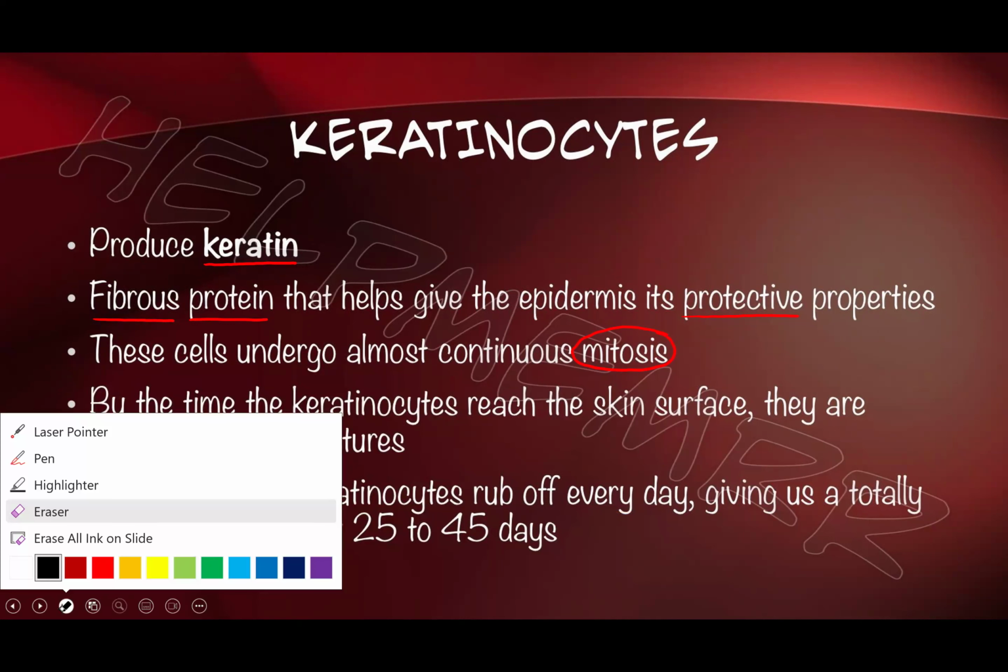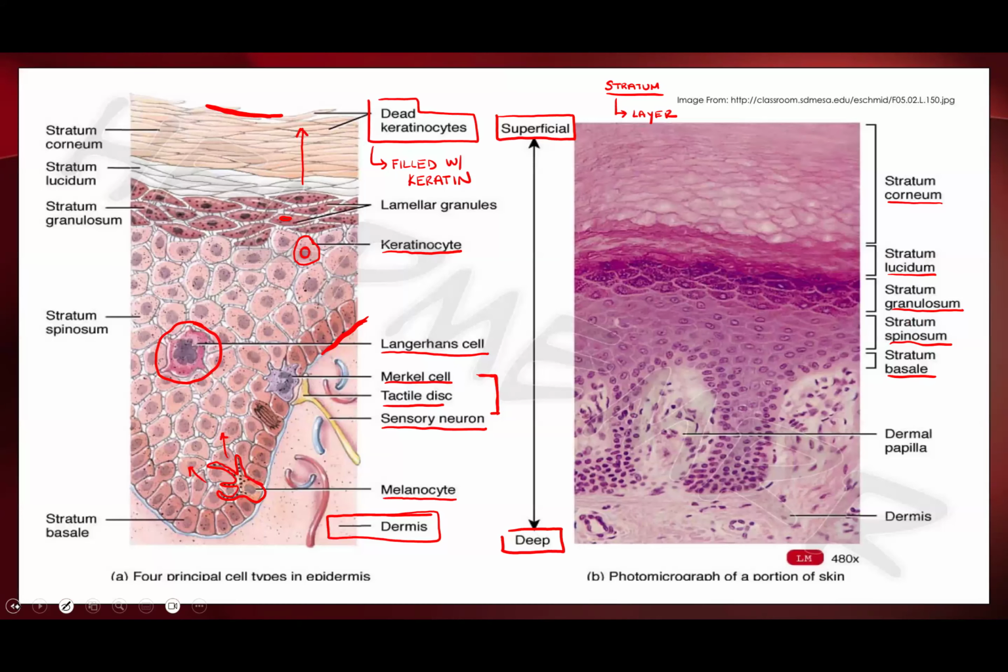Let me go back for a second and point you out right over here. You're seeing the cells go through mitosis. Those cells go through mitosis, and the new cell gets pushed over here. And then all the other cells, the old cells, get pushed up.